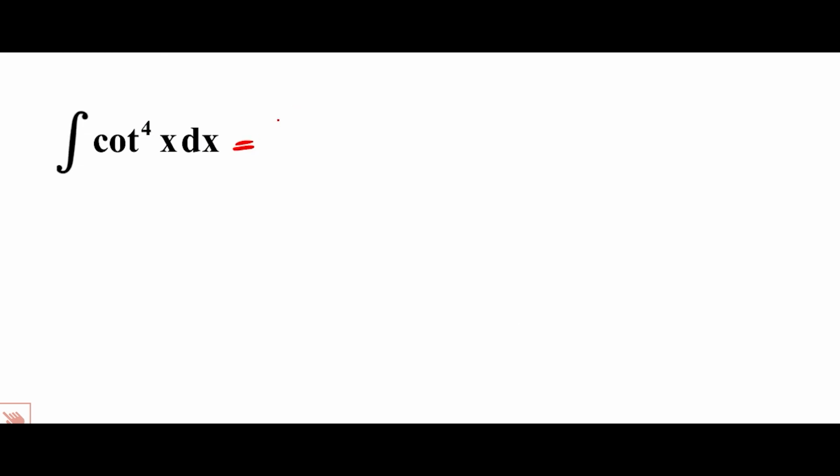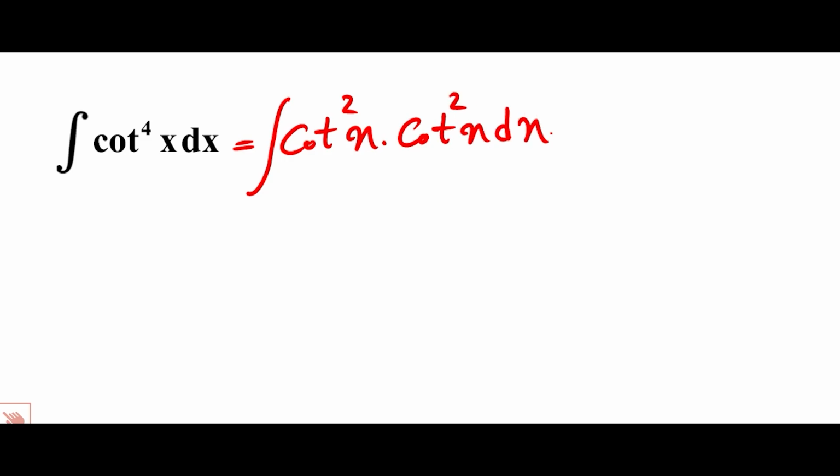The integral of cotangent to the fourth x dx. We know that the integral of cotangent to the fourth x dx equals the integral of cotangent squared x times cotangent squared x dx. And we know that cotangent squared x equals cosecant squared x minus 1. So we replace one factor of cotangent squared x by cosecant squared x minus 1.